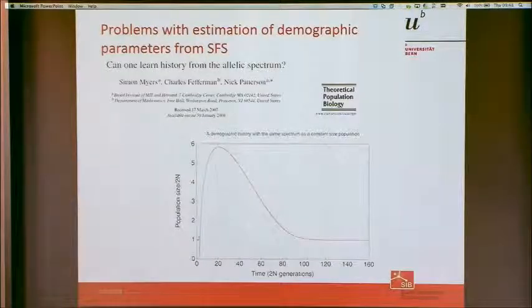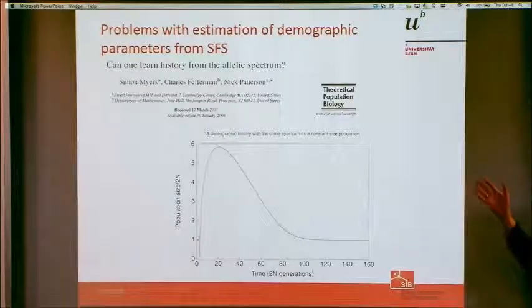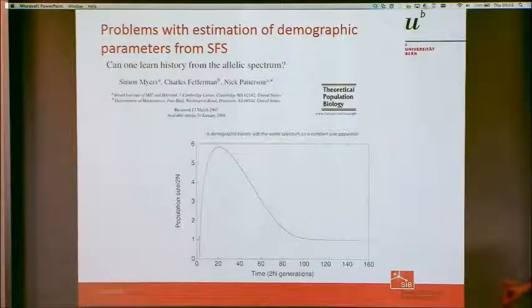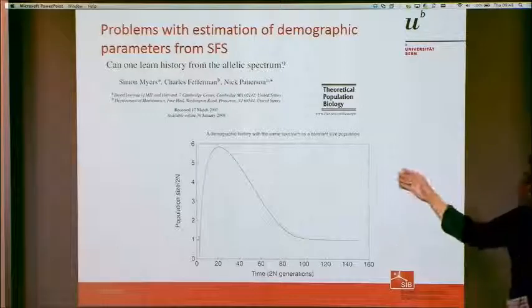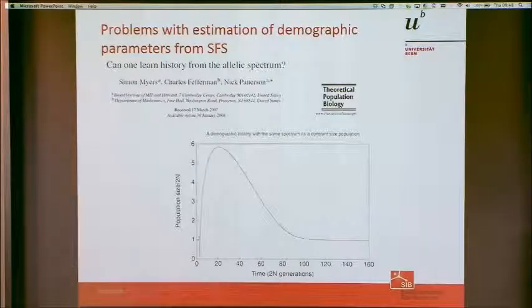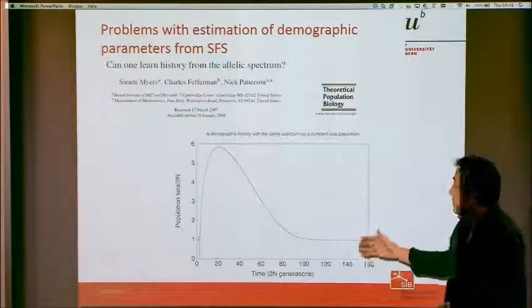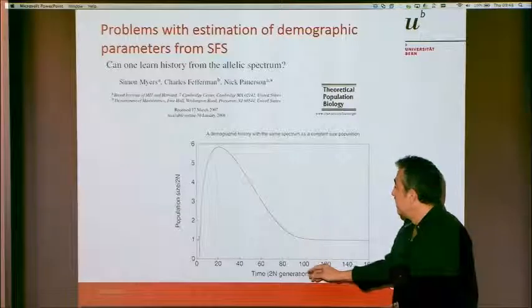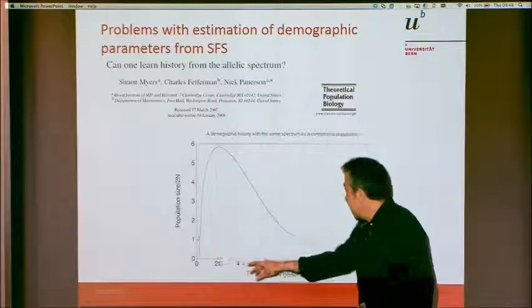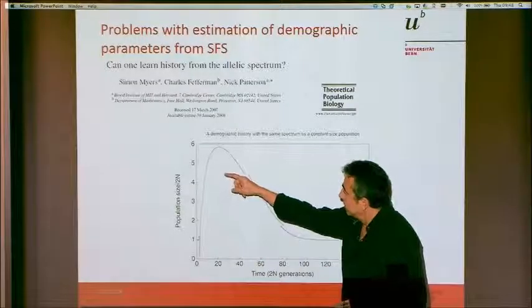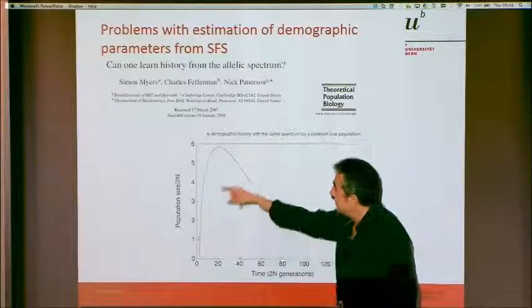But as was mentioned before, you have a bit this curse of the site frequency spectrum, as was shown by Sam Myers, Pfefferman, and Nick Patterson, where you can have different demographic histories that can lead to exactly the same site frequency spectrum. I just show different examples, but just took one. So here you have time, and here you have a population that can vary in size.